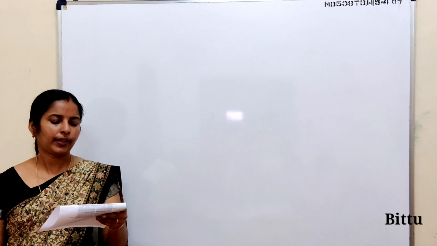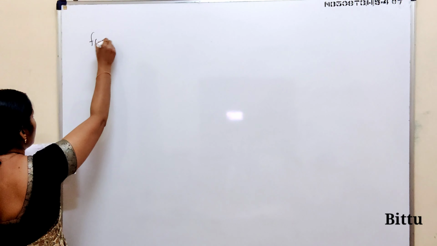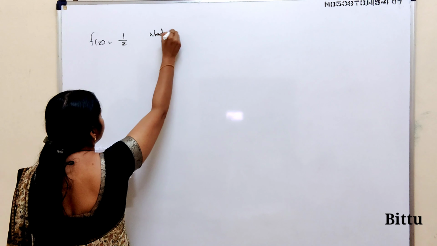Question number 8. Find the Taylor series of f(z) equal to 1 by z about z equal to 2.